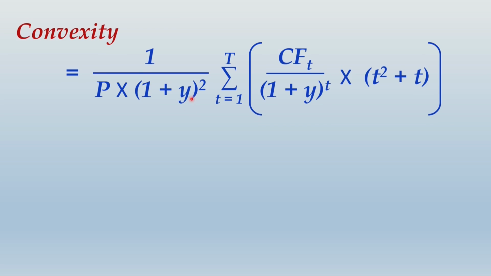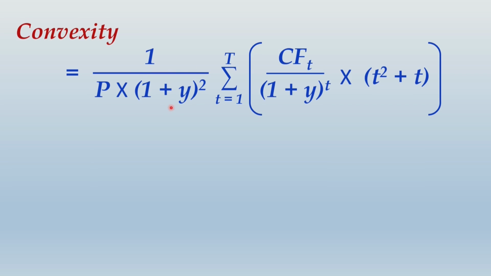So (1 plus the yield rate) whole squared multiplied by P. P indicates the bond price or the value of the bond. Now, this Y could be either YTM or the desired yield rate. Just keep in mind one thing: if Y is the desired yield rate, then P should indicate the bond value, which is the intrinsic value. If you are considering Y as YTM, then this P should be the market price of the bond. Just take care of that.